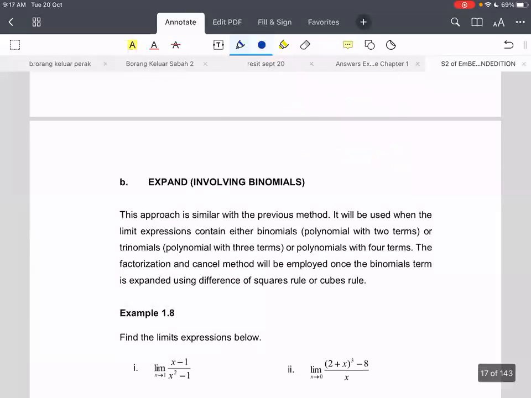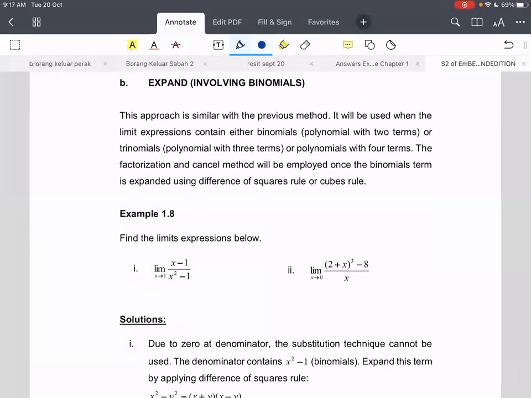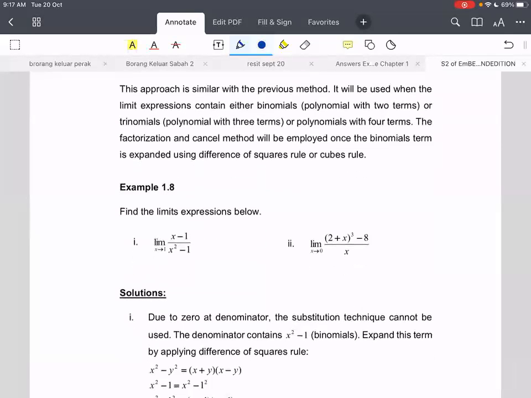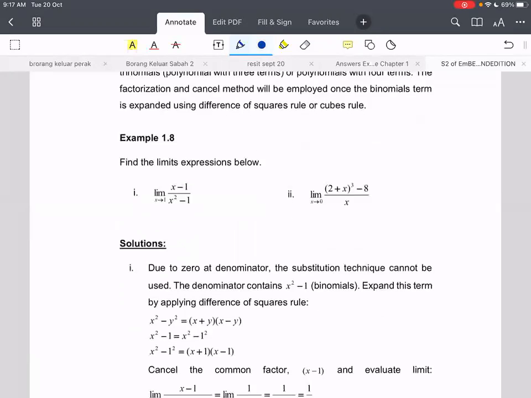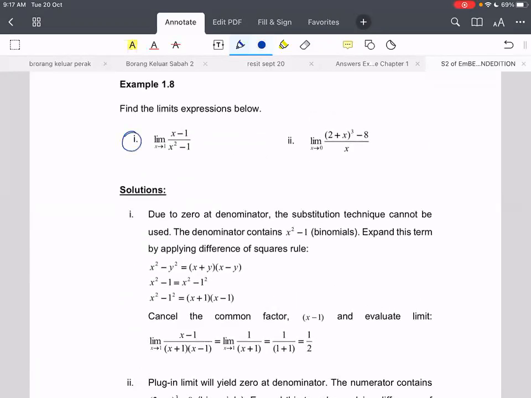Now we move to expand involving binomials. Okay, this one, binomials. We did that in our first example tadi sebenarnya. But anyway, you can look at the solution for the first Roman here.